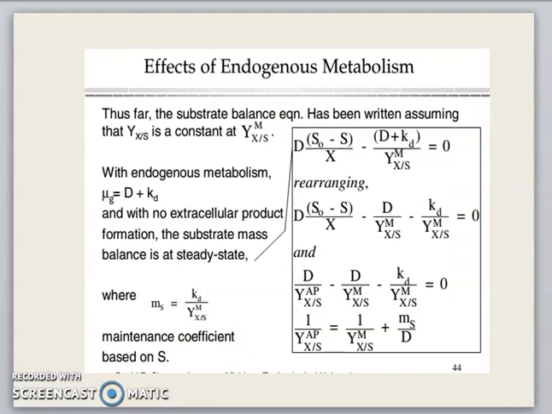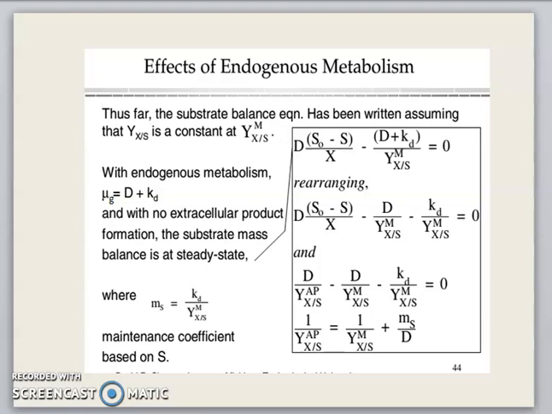The effect of endogenous metabolism. We know that endogenous metabolism exists during the stationary phase. Thus far, the substrate balance equation has been written assuming that Y xs is constant at Y m xs. With endogenous metabolism, mu g will be equivalent to D plus Kd, because there will be a rate of death.